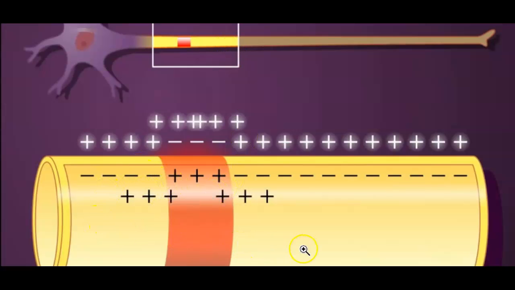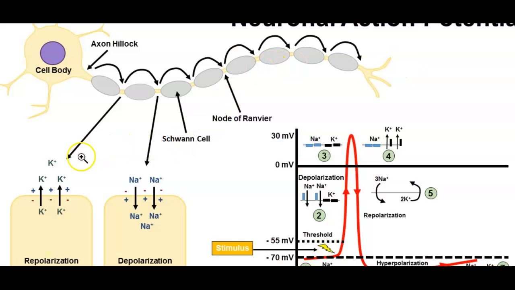We have more negatively charged proteins, but we also have sodium and potassium ions. So we have potassium ions and we have sodium ions. In a normal state after repolarization or resting, we have more ions on one side versus the other side of the membrane.